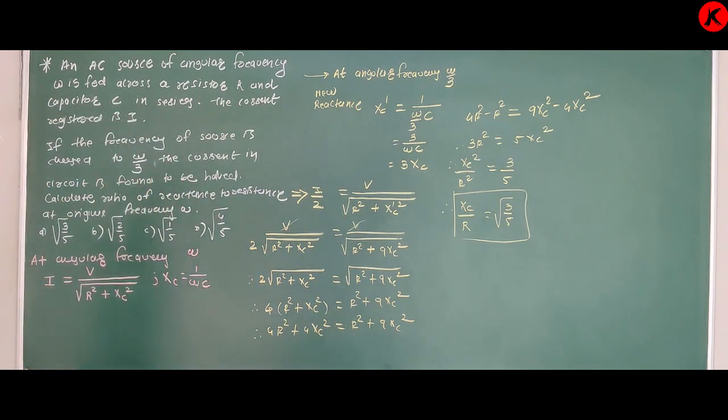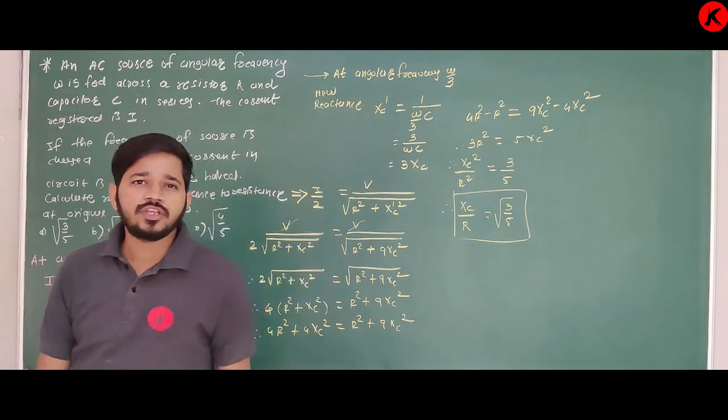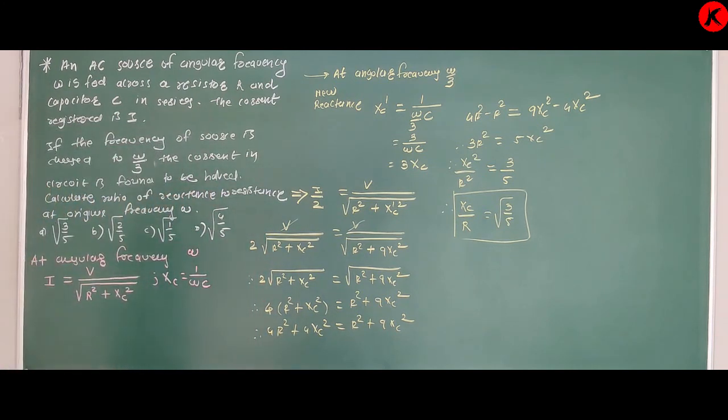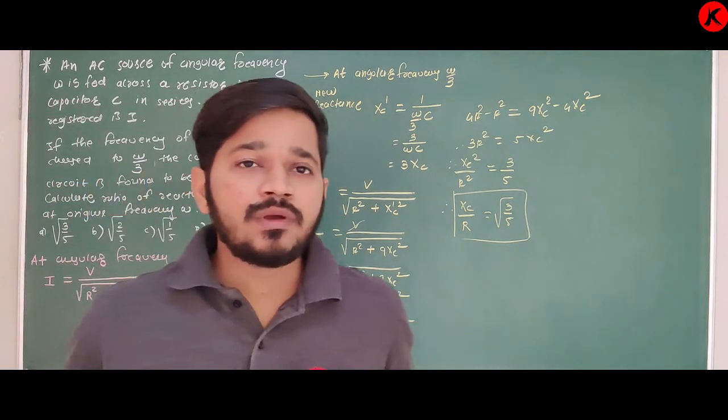Clear? Okay, so yes, for today 5 MCQs, I think it is enough. I think the lecture is about 30 minutes. From chapter number 7 we have discussed at least minimum 10 MCQs. Now I will send you one worksheet.